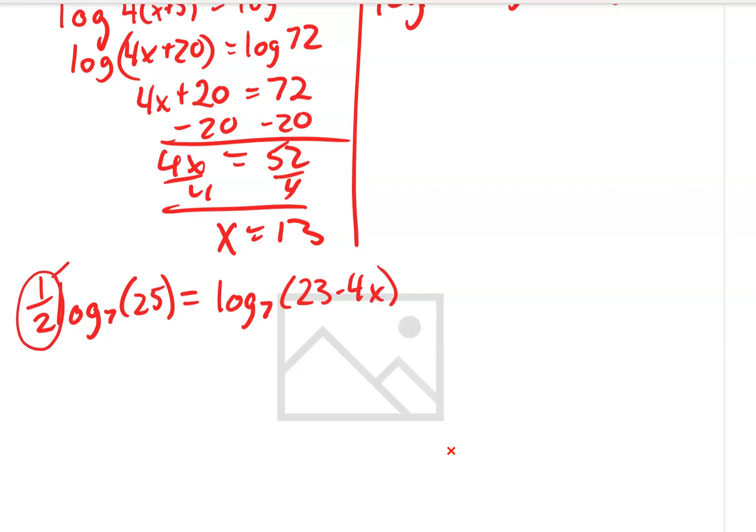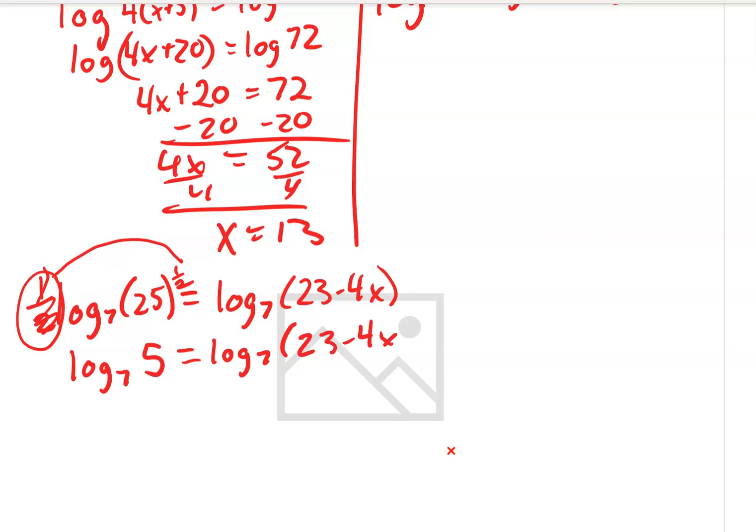It really means that that is the exponent. So we're going to move that over the exponent. 25 to the 1/2 power is 5. So this is log base 7 of 5 equals log base 7 of 23 minus 4x.